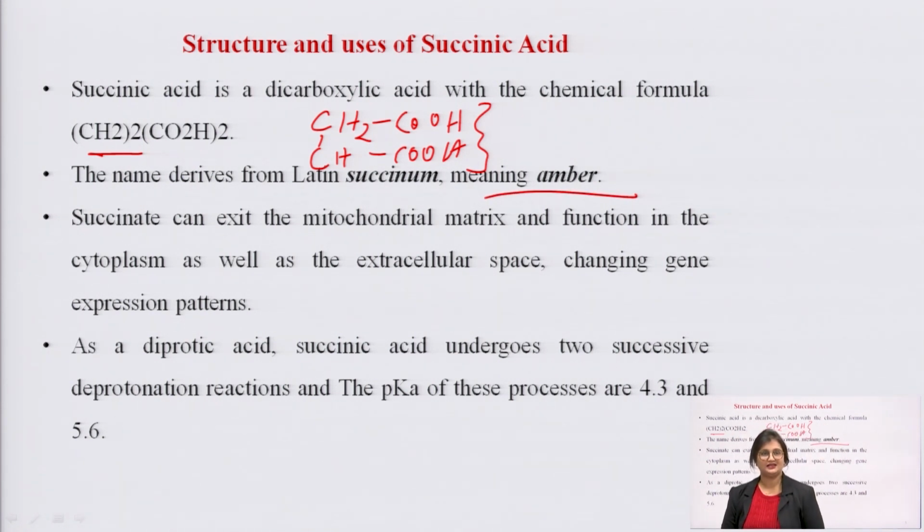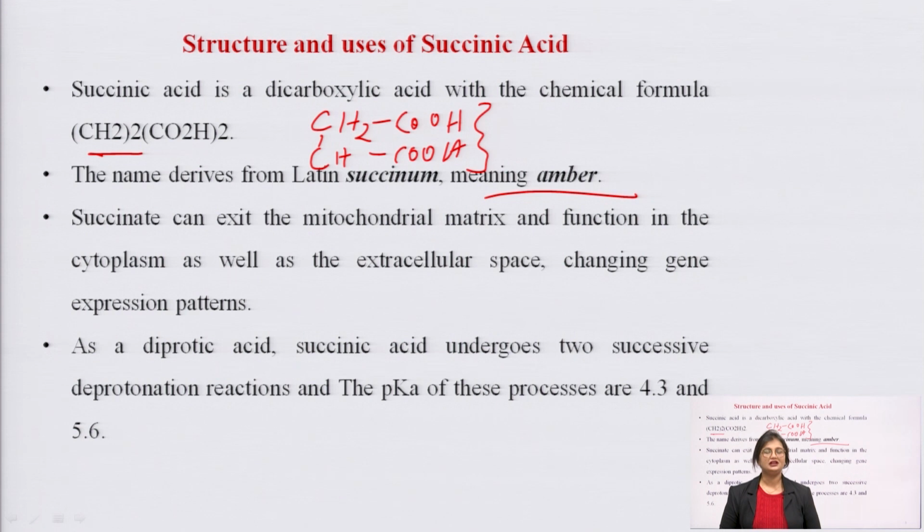Succinates can exit the mitochondrial matrix and function in the cytoplasm as well as the extracellular space, changing gene expression patterns. As a diprotic acid, succinic acid undergoes 2 successive deprotonation reactions. The pKa of these processes are 4.3 and 5.6.